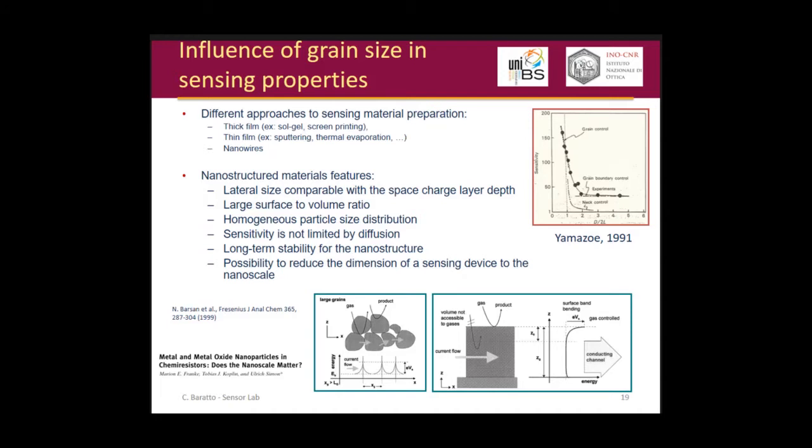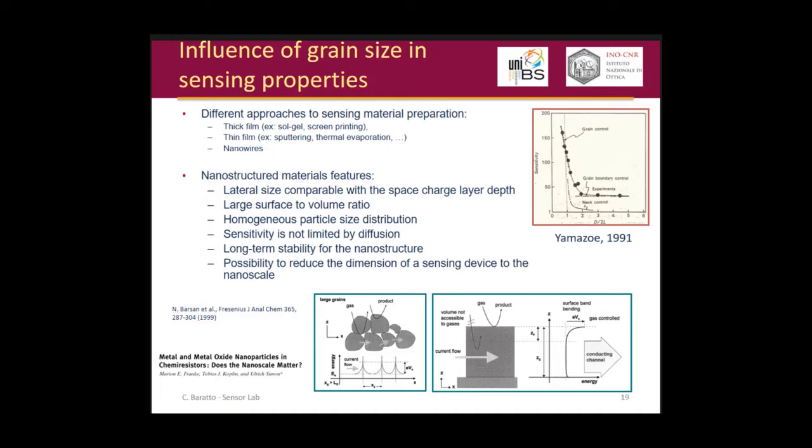Okay, going back to the polycrystalline material, why do we want them with nanosize dimensions? There is this pioneering work of Yamazoe, where he demonstrated that if you consider the diameter of the grain divided by 2 times the Debye length, and on the other axis you have the sensitivity, it increases very much when you go to 2 or 1 times the Debye length.